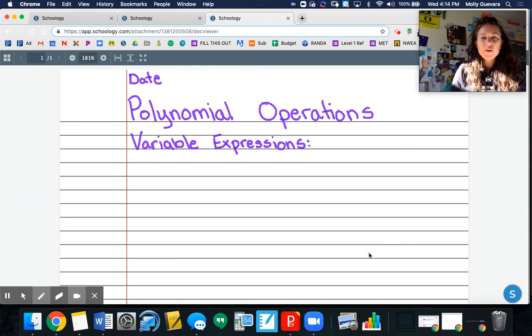So a variable expression is an expression. And the question is always, what is an expression? An expression is something without an equal sign, so no equal sign.